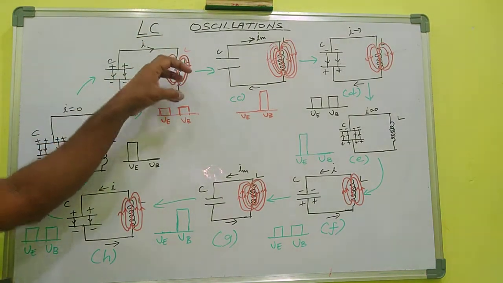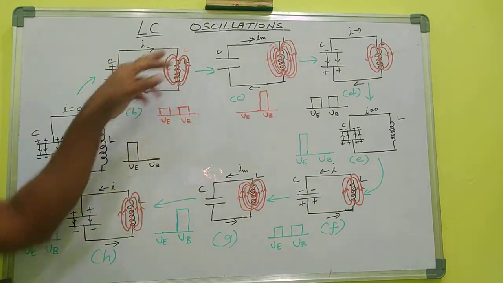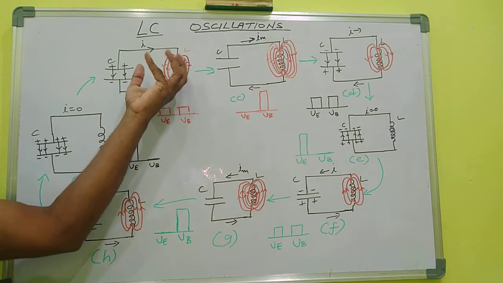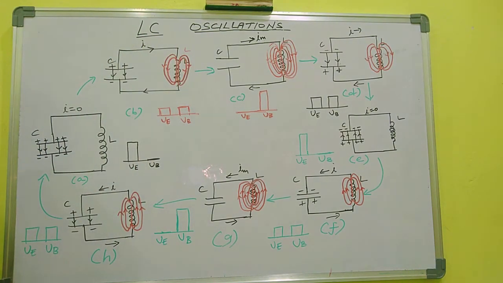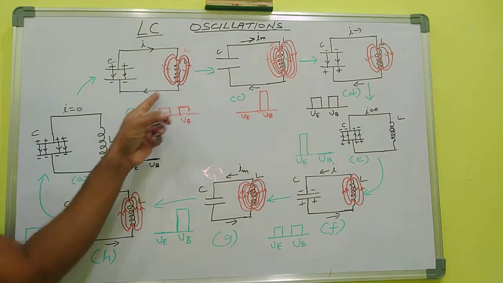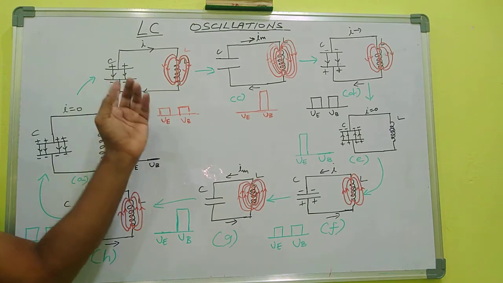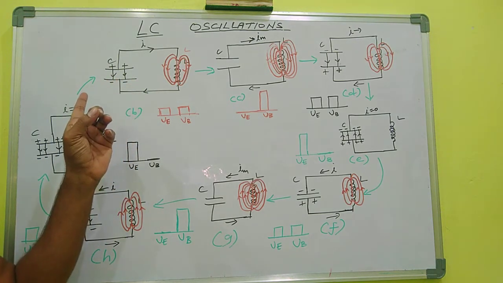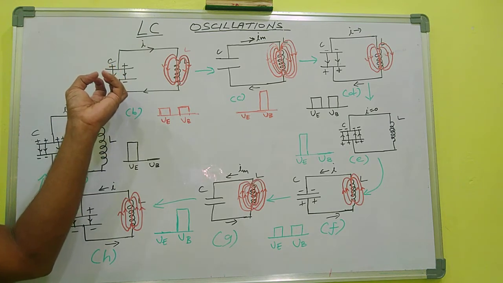Due to the passage of the current inside the inductor, a magnetic field is produced around the inductor. That means magnetic potential energy is stored in the inductor. So here the current flows in the clockwise direction. Here the capacitor has some charge, but not fully charged.